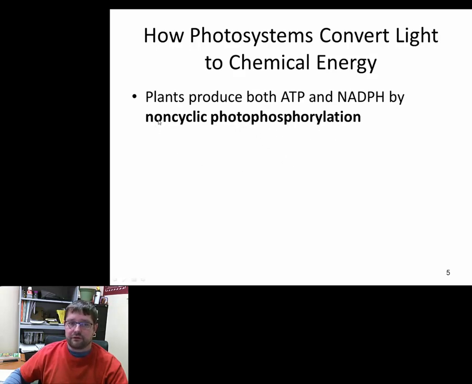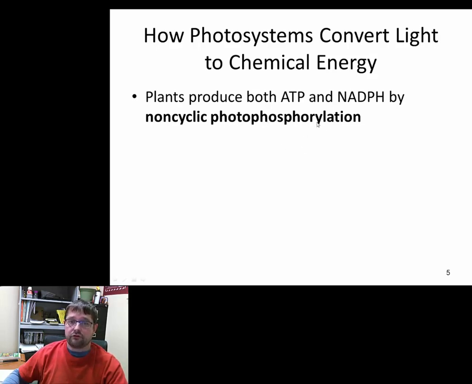So let's start with non-cyclic. Most of you know what this means. It means it's not a cycle. So it's not a circular cycle. Okay? So this is a linear process. Water is broken down. The electron leaves the system. The photo portion refers to the photon.